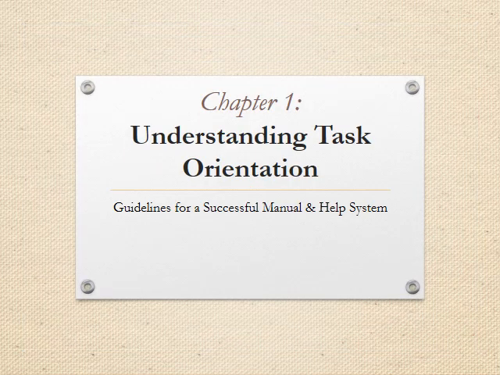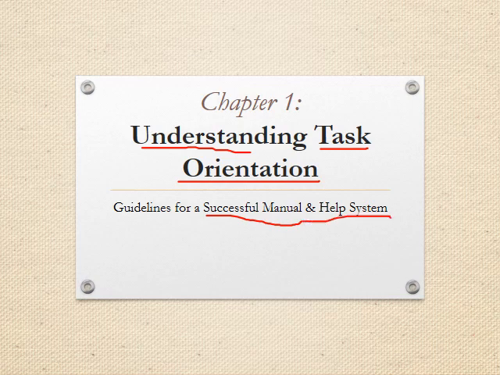The first chapter of our textbook is understanding what we call task orientation. Before I define what we mean by task orientation, this chapter will give us a set of guidelines and steps that any documentation writer needs to follow in order to develop a successful manual or help system. And these manuals and help systems will be of different types.